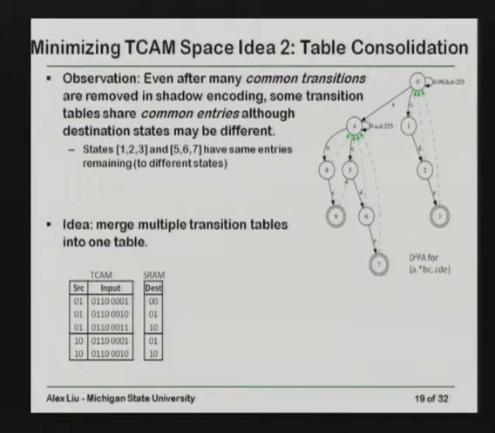Take a look at this example. One state has 3 entries, and another has 2 entries because the others are deferred. You can see that the first entry of the first table and the first entry of the second table are the same, and the second ones are also the same in these 2 tables.